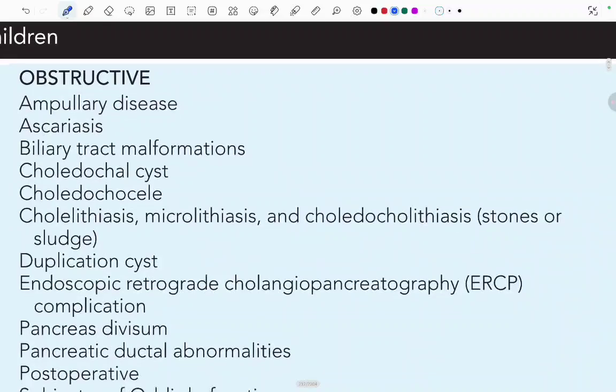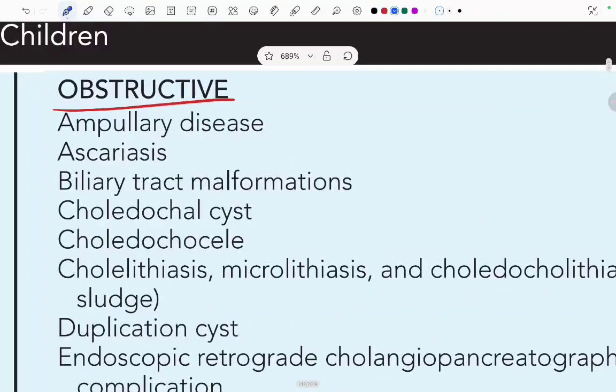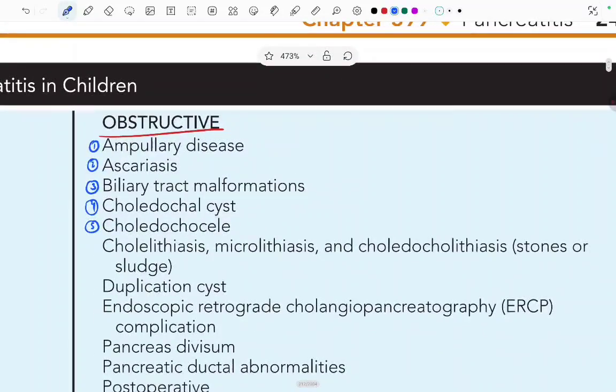Now coming to the obstructive causes. Starting with ampullary disease. Ascaris is given in both the infection and the obstructive causes. Biliary tract malformations, choledochal cyst, choledochocele, cholelithiasis, microlithiasis and choledocholithiasis or stones or sludge.